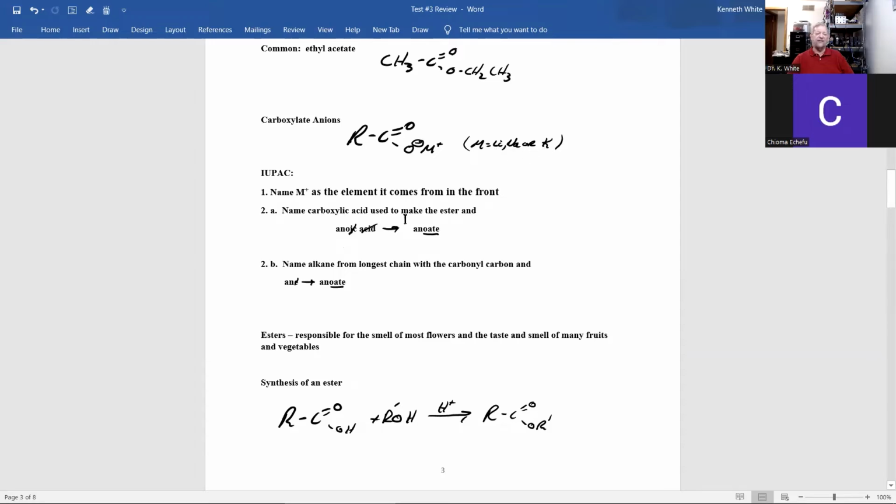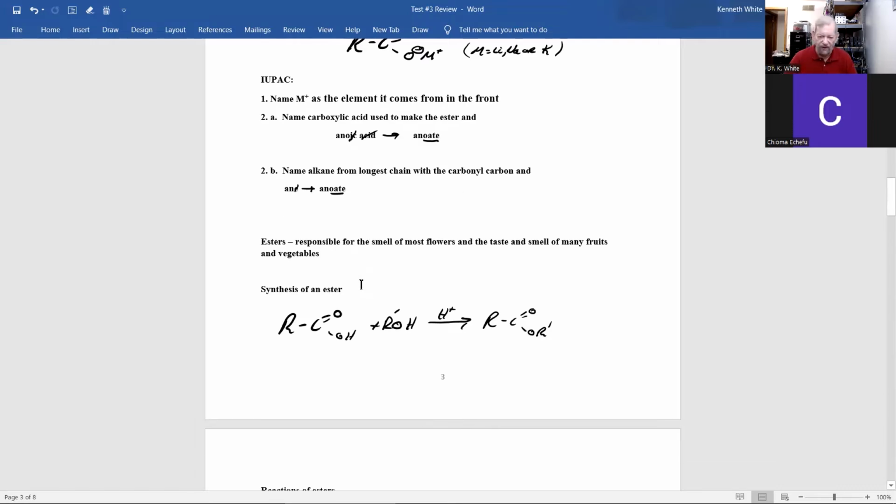And then you have the same two A and B methods you did for ester. You can use the IUPAC way when R is a benzene ring, you're going to have to. And you drop the IC in the word acid and add OAT, and you have the element name in the front. If R is not a benzene ring, find the longest chain with the carbonyl carbon, name it as an alkane, drop the E and add OATE, and that's how you do it.